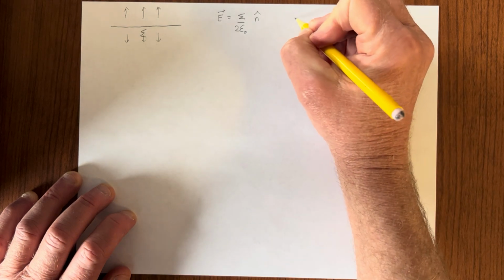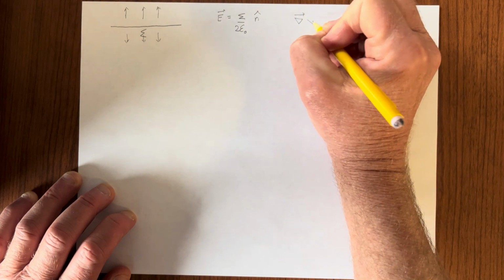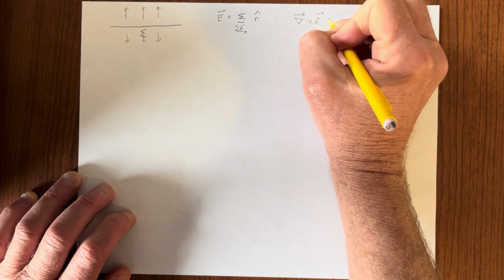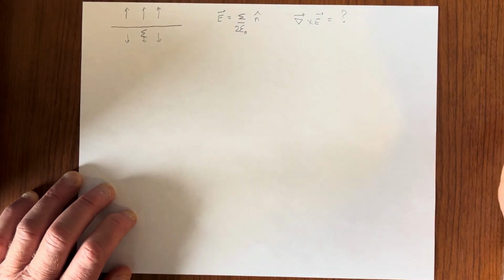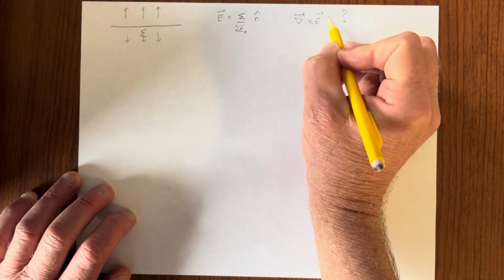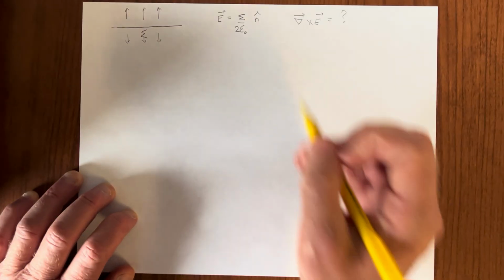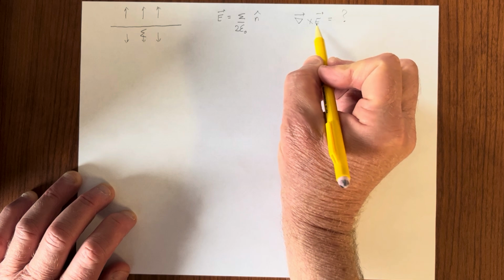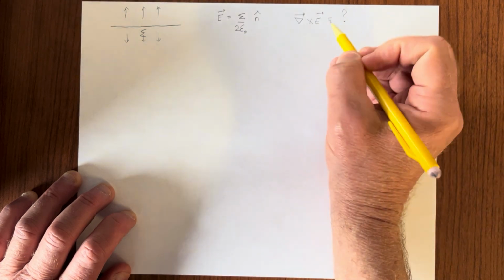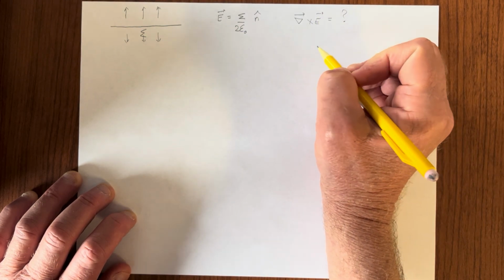But we want to evaluate the curl of the electric field. So let's think of doing this explicitly. And so we need to put the electric field in some coordinates. So let's say that we write this in Cartesian coordinates.